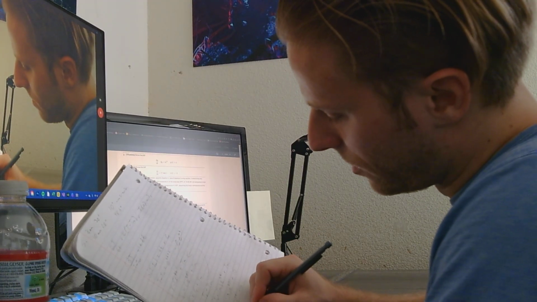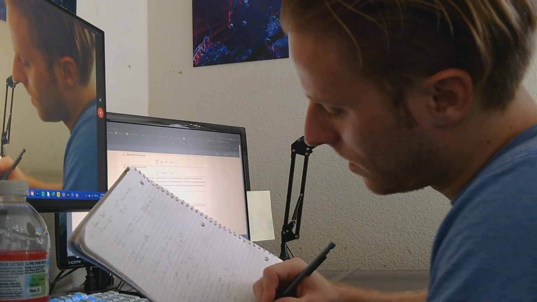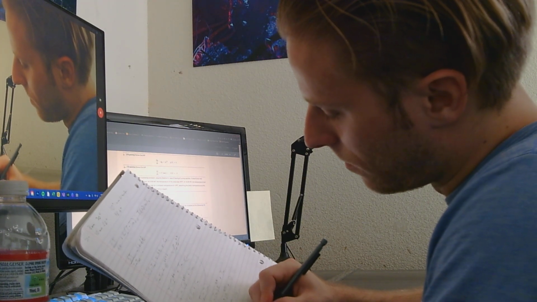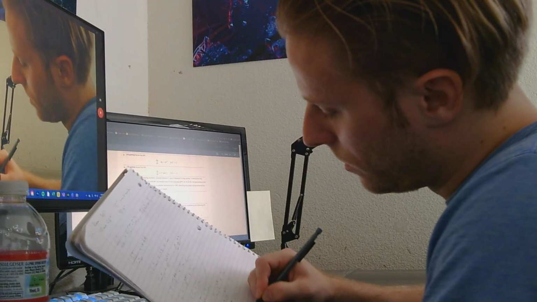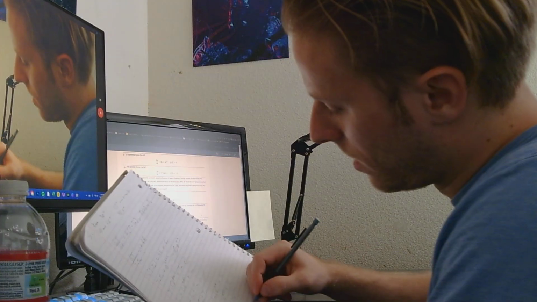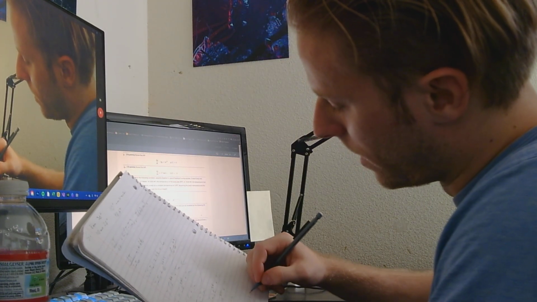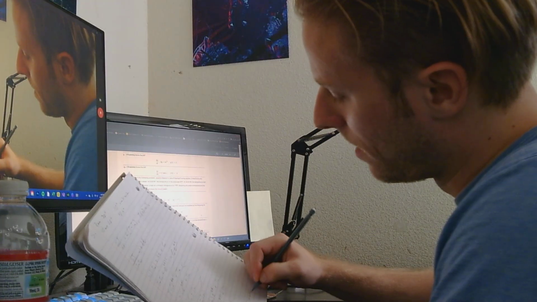Subtracting 10 from both sides, we have 15 equals 20 e to the 2k. So 15 over 20 equals e to the 2k. We'll take the natural log of both sides to help isolate this k here.